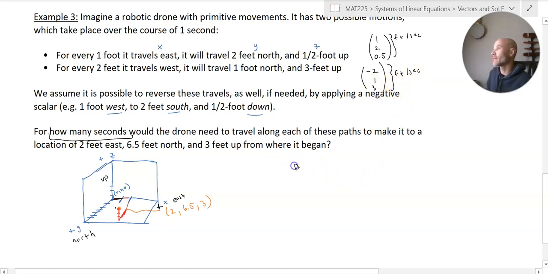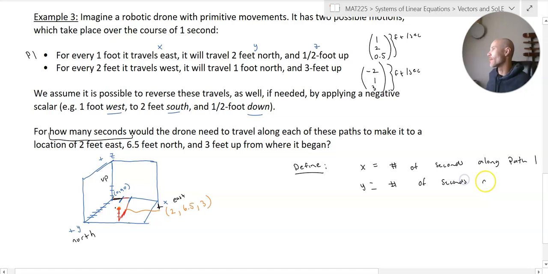So we always want to define what our unknowns are. I'll just use x and y. X is the number of seconds along path 1, and this was what I'll refer to as path 1. Y will be the number of seconds along path 2.